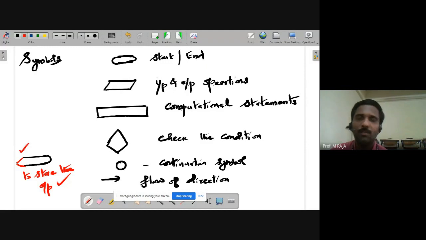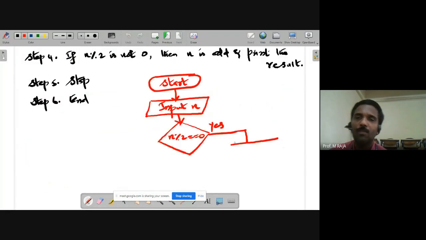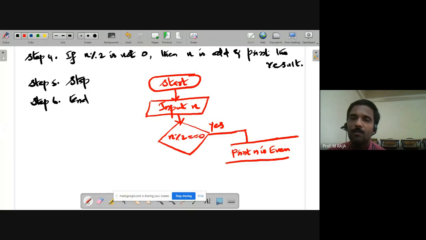So here, for example, we represent using the parallelogram: print n is even. This is the case when n mod 2 is equal to 0.